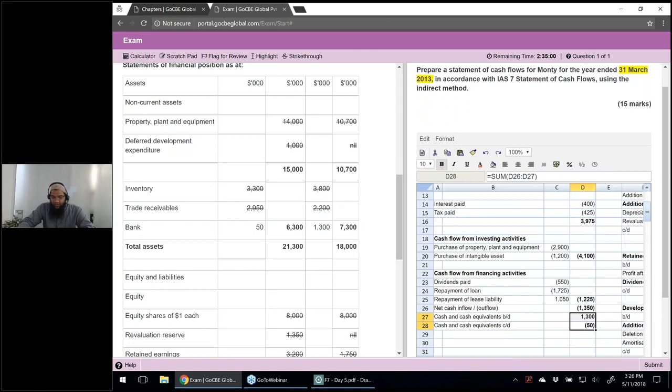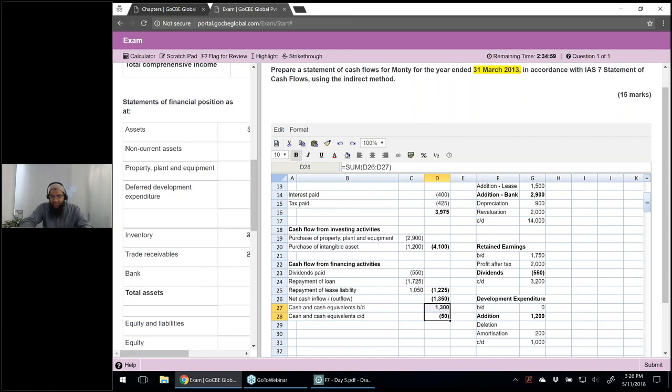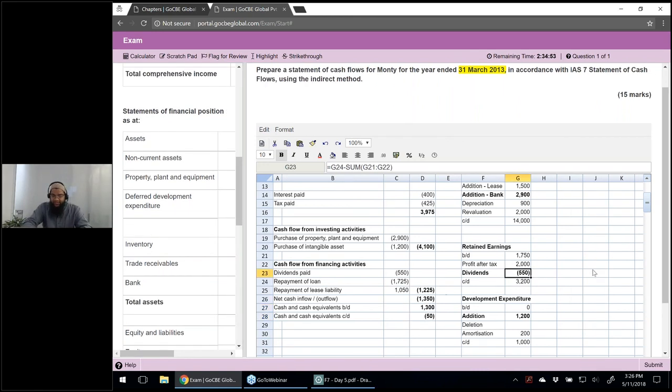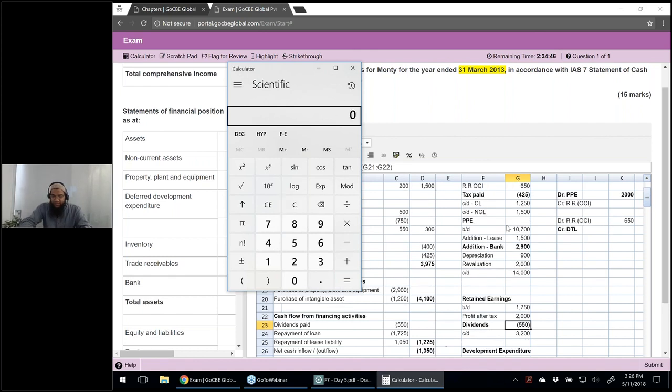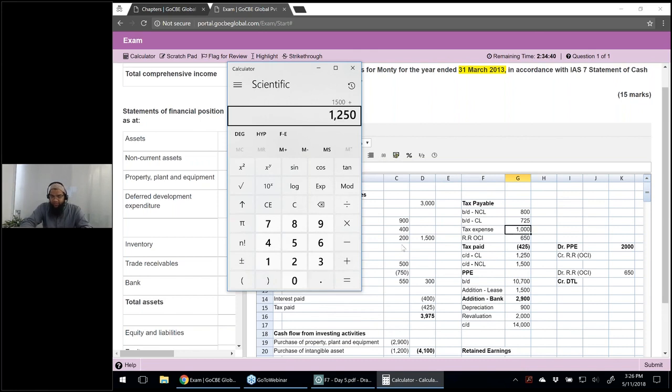200 is okay. Let me use a calculator. 3200 minus 1750 minus 2000 is 550. Okay. Let's check the tax. 1500 plus 1250 minus 650 minus 1000 minus 800 minus 725 is a balancing figure of 425.